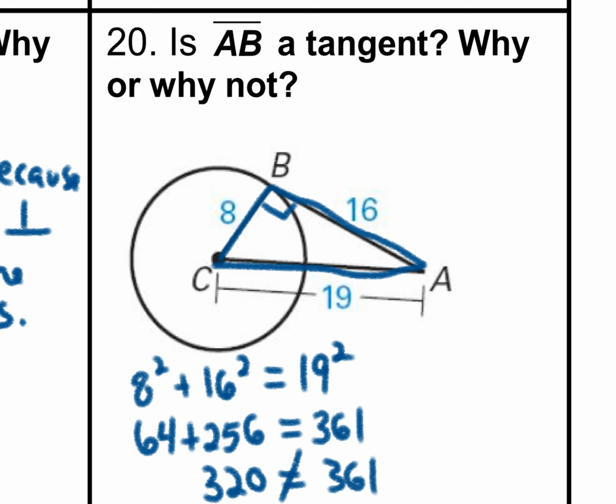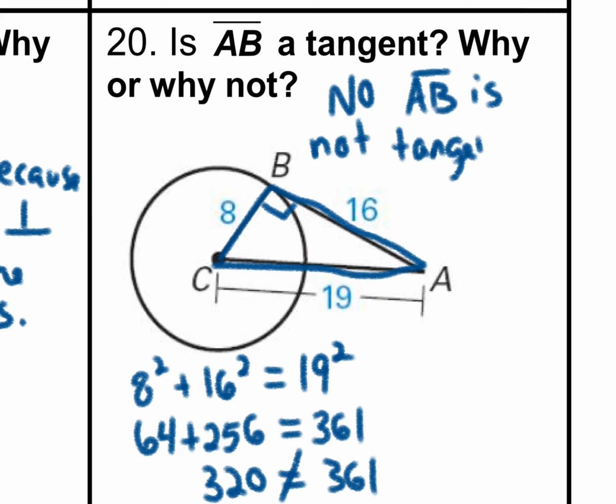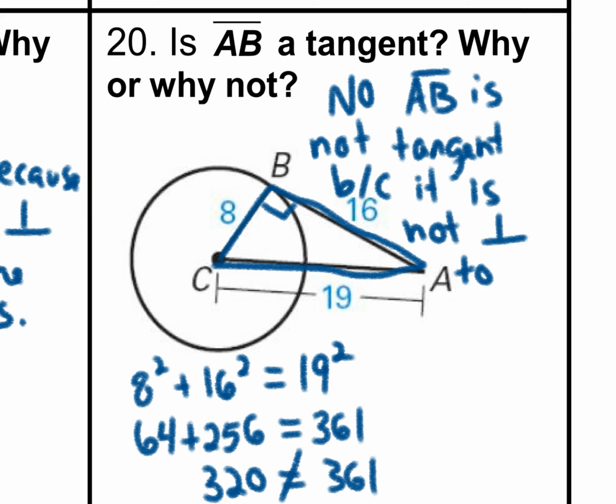Well, that's not true. So what we can say is no, AB is not tangent because it is not perpendicular to the radius. And that's it. Okay, so that was a nice little review of tangent lines and some explanation type problems that you may have to do on your test.